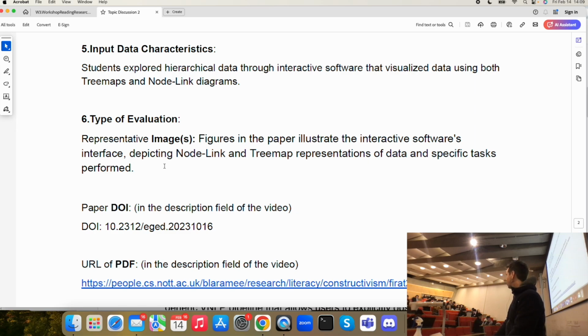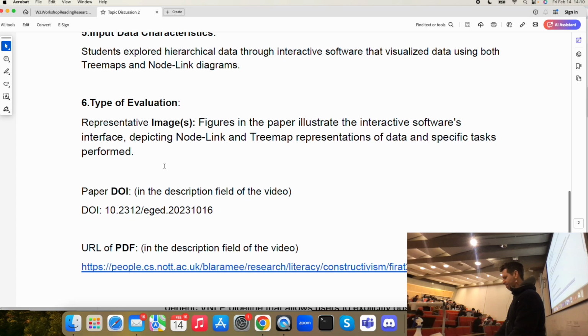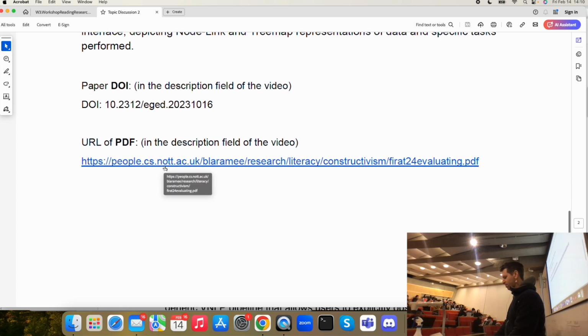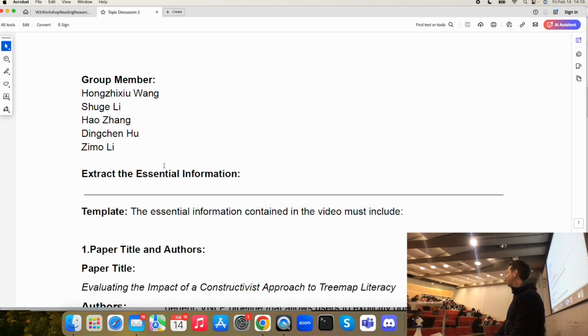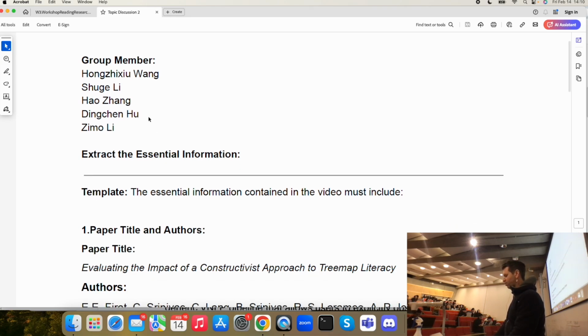So a user study is the type of evaluation in this because there's a control group and there's an experimental group and they're compared side by side. So this group, be very careful. This group needs to think more carefully about this exercise.